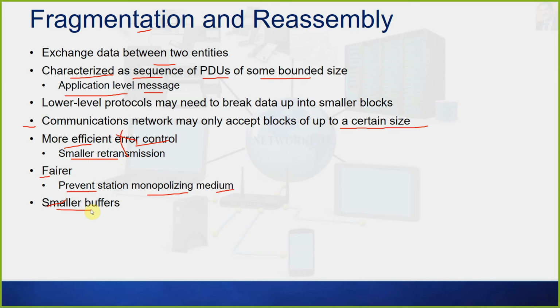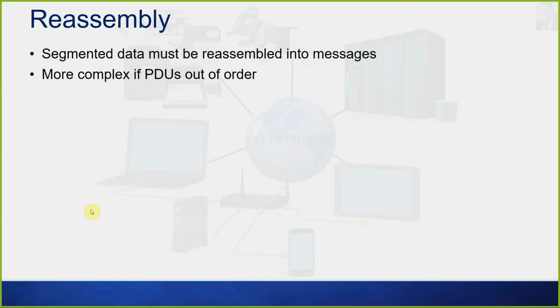Fragmentation is important to have effective use of the channel, and reassembly of those fragmented or divided protocol data units is a necessity to make effective utilization, to avoid errors, and to prevent monopolizing the medium by one data or one node. That makes fragmentation and reassembly important. The segmented data must be reassembled into messages.